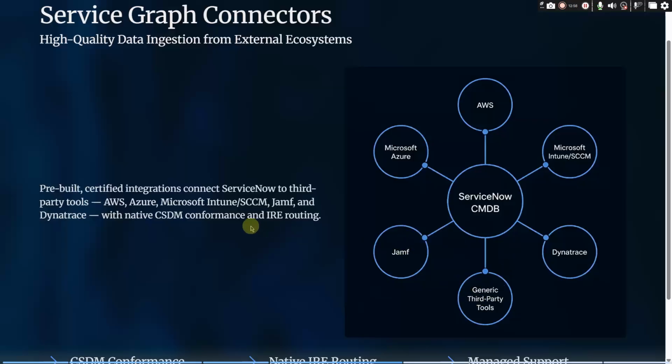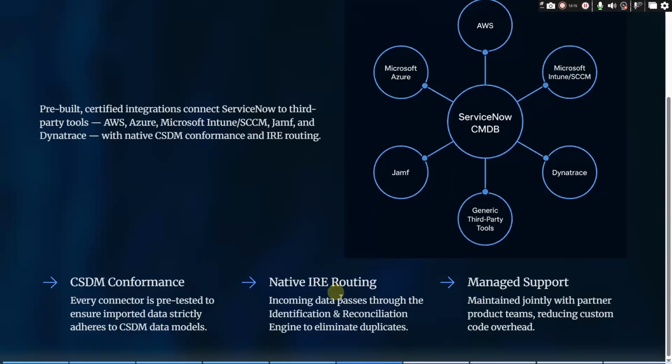See, these are pre-built, certified integrations that connect ServiceNow to third-party tools. These are all pre-built connections, so it costs more. So it should be purchased from our organization's side. Then only we can use it.